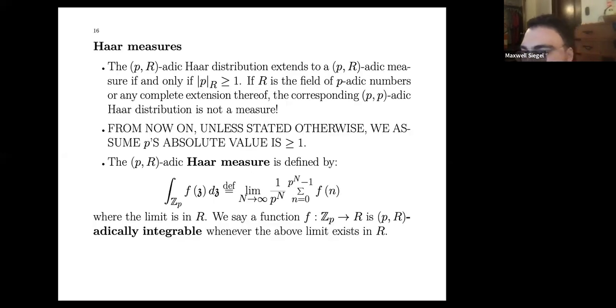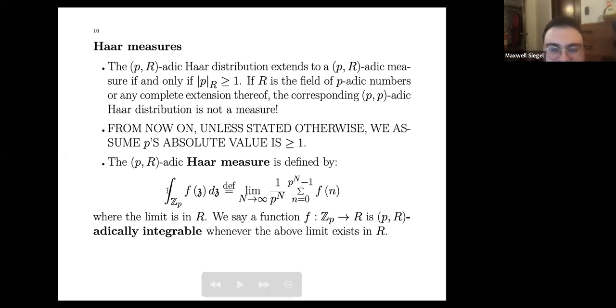Now, Haar measures. It is incredibly important to note that the p-R-adic Haar distribution extends uniquely to a p-R-adic measure, called the p-R-adic Haar measure, if and only if p's absolute value in R is greater than or equal to 1. If the reverse is true, then the increasingly small sets will have increasingly large measure, which will result in the measure not being continuous.